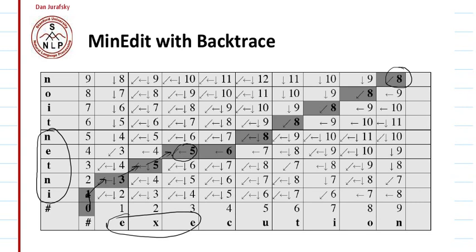So delete 1 here, okay, the delete I, substitute, substitute, substitute. So this is 1, this is 2, this is 2, this is 0. So this cost is now, total cost is actually 5.